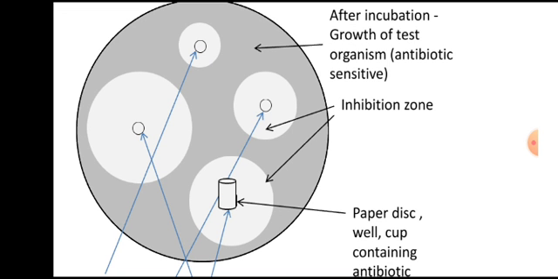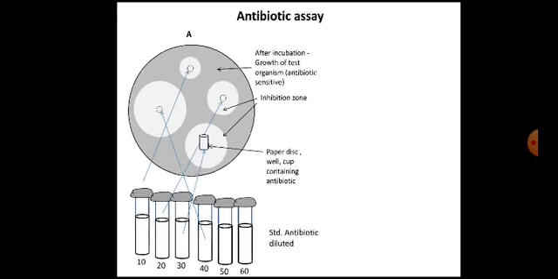These inhibition zones are produced in a circle because the antibiotic diffuses radially, and therefore we get this kind of circular zone. Now we have two parameters.